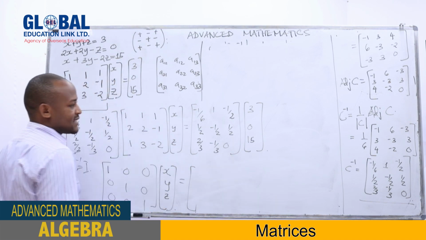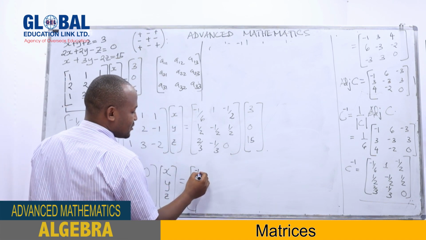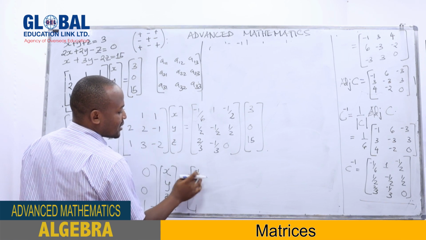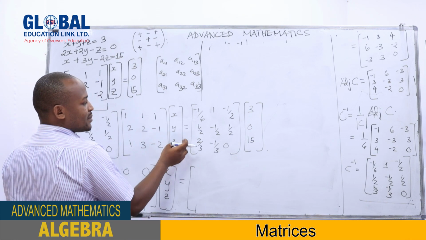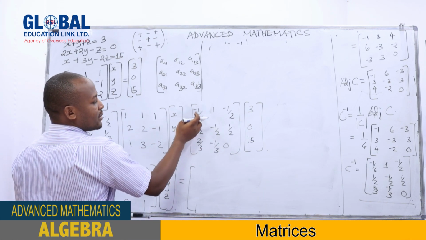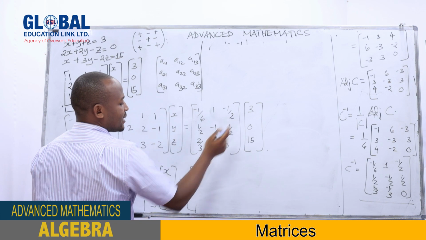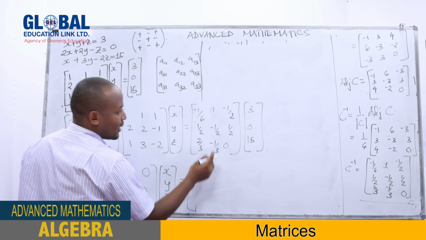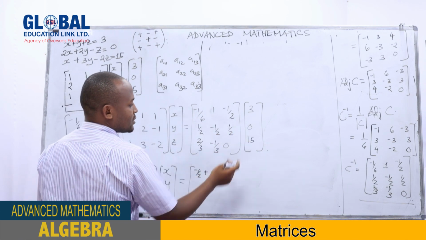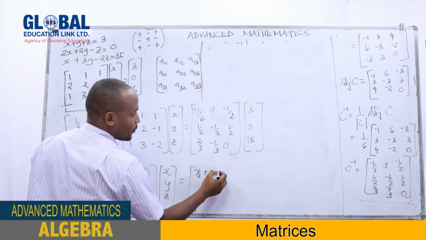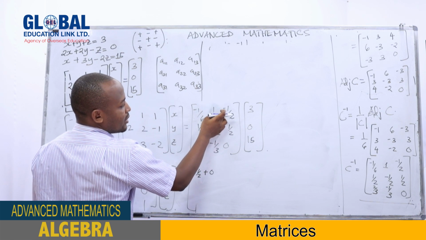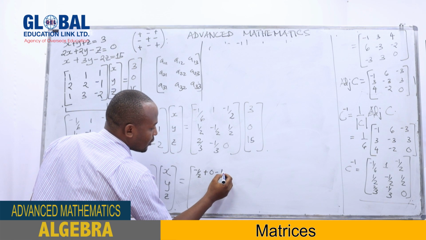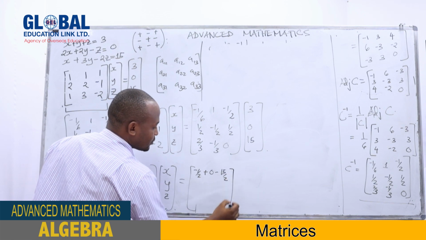Now let's multiply that side. Negative 1 over 3 times 3. Now let's multiply that side. Negative 1 over 6 times 3, we expect to have negative 1 over 2 plus 1 times 0 is 0, and negative 1 times negative 1 over 2 times 15 is negative 15 over 2.